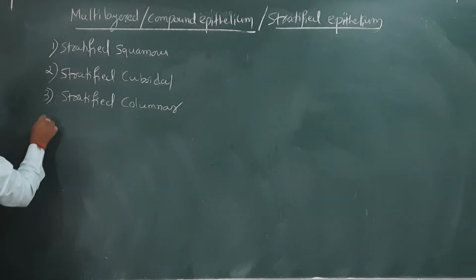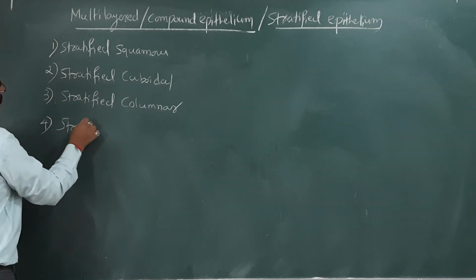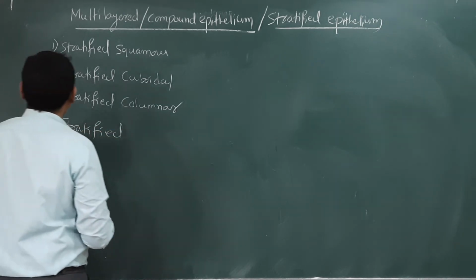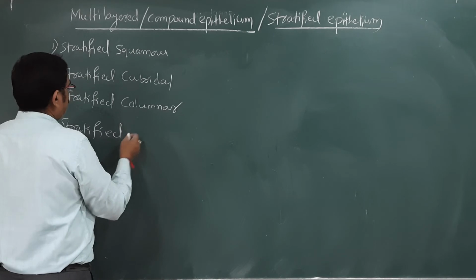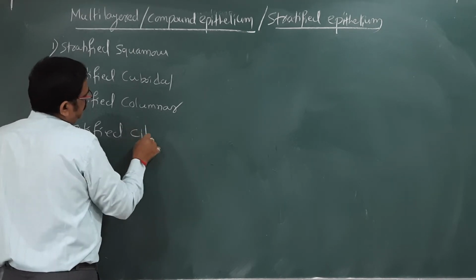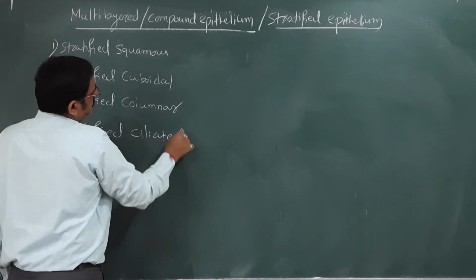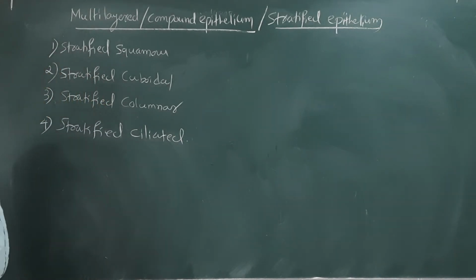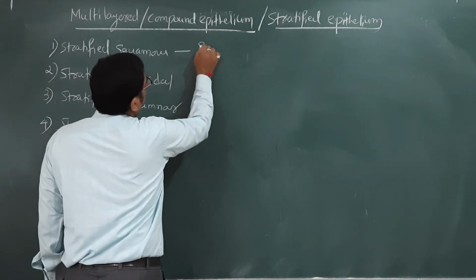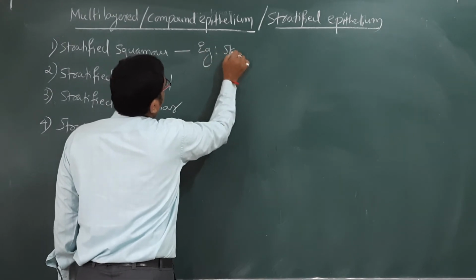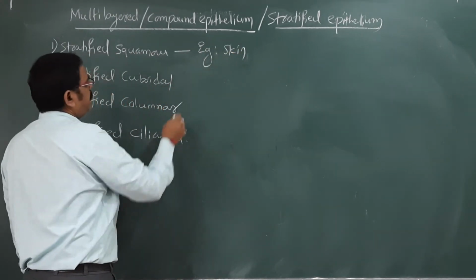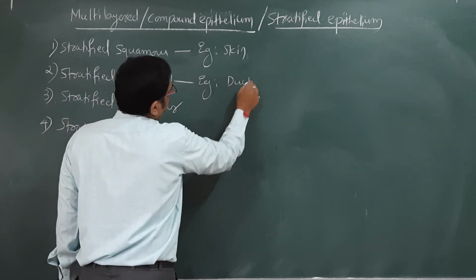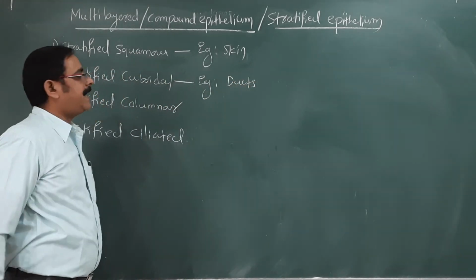Number four, stratified ciliated epithelium. Right? So stratified squamous epithelium is mainly seen in, for example, the skin. Then stratified cuboidal, for example, the ducts of various exocrine glands.